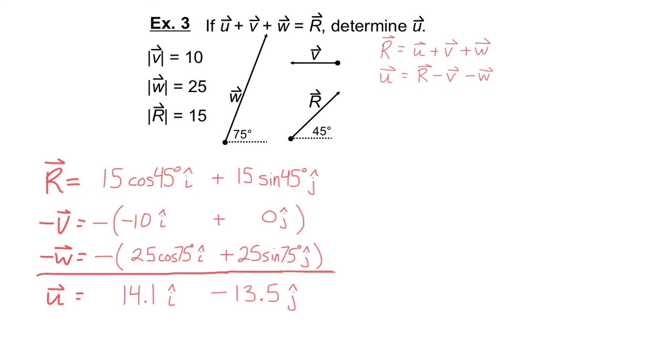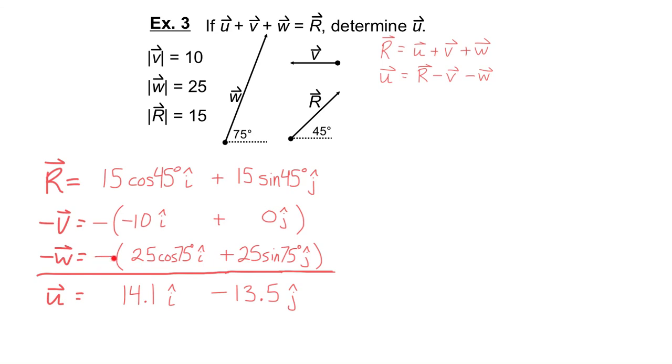Okay, here we go. So r is 15 cos 45 i plus 15 sine 45 j. Negative v, so I've got a negative sign in front, so let's just look at the x and y components for v. It goes to the left 10 units, so that's minus 10i hat. It doesn't go up or down, so that's 0j hat.